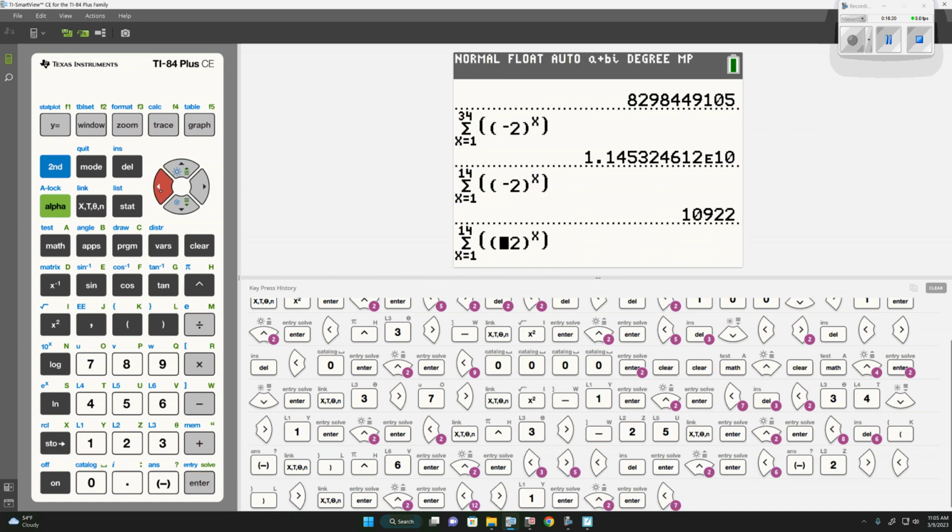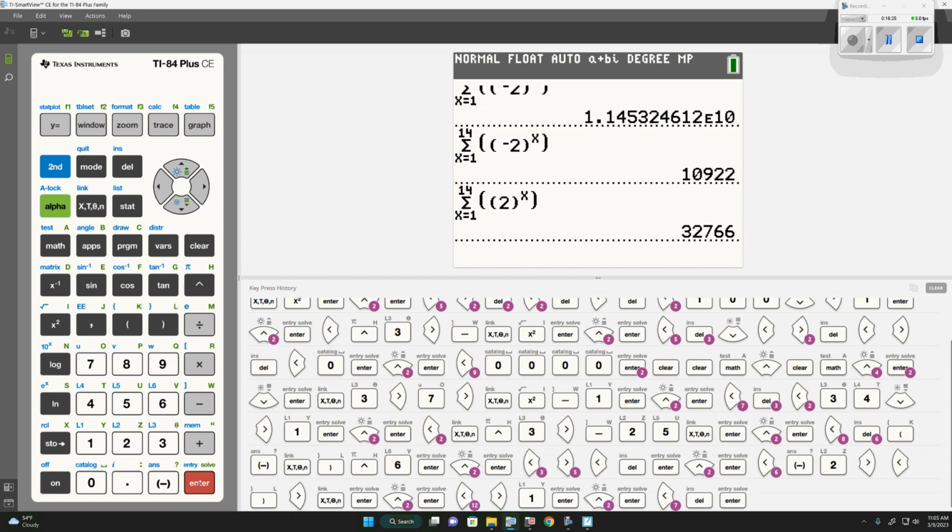And if we remove the negative, because the odd powers for negative 2 would be negative and the even powers would be positive, that positive and negative makes it smaller.